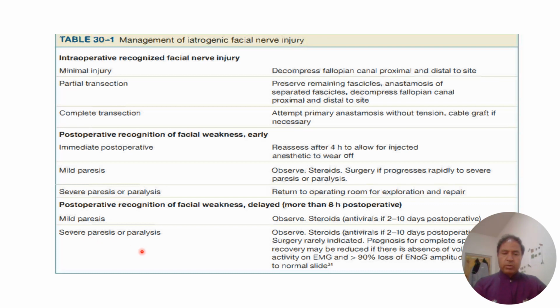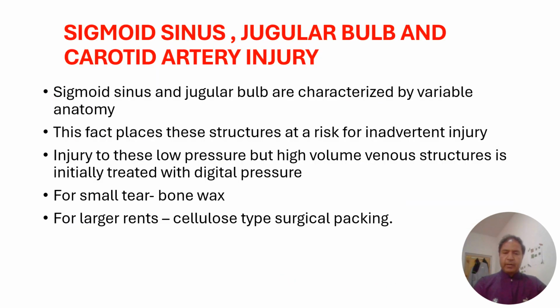We have severe paresis or paralysis: observe, give steroids, antivirals 2 to 10 days post-operative, surgery readily indicated. Progress to complete paralysis and recovery, with loss of 90% on ENoG compared to normal.